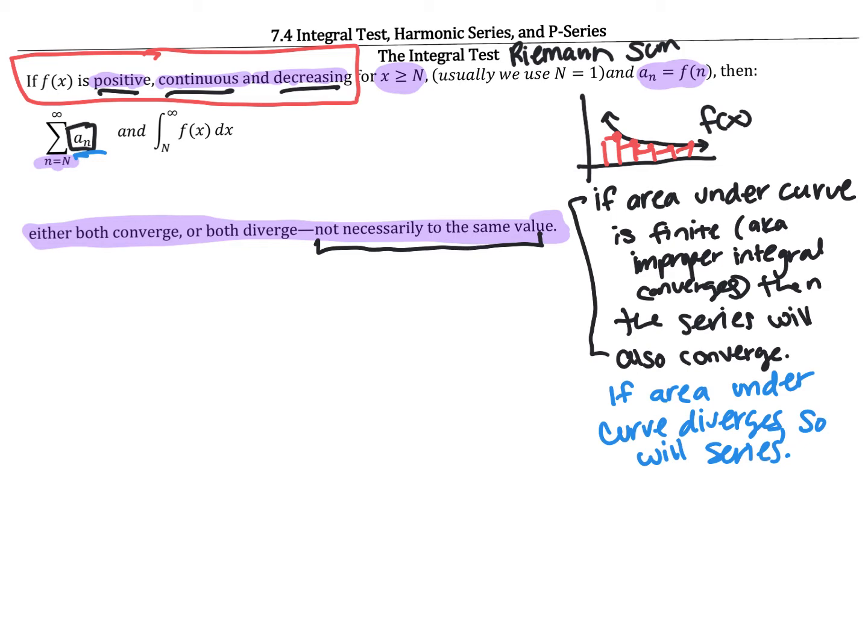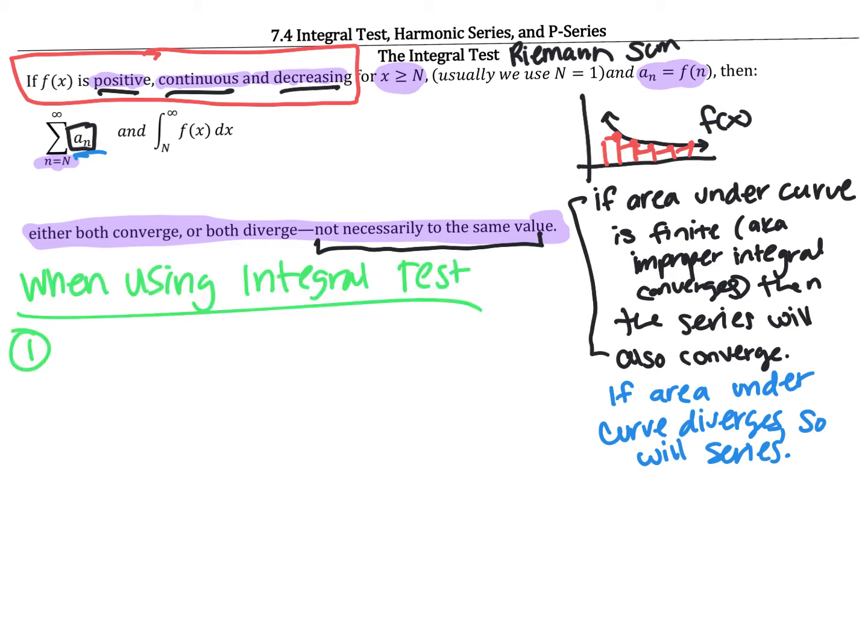So when you are using this test, you need to make sure you do the following things. The first thing you have to make sure that you do is define a function f of x, and that's coming from the a sub n term that is your general rule. So step one, define your f of x. The next thing you need to do is, in order to use this test, you have to state that these three conditions are met.